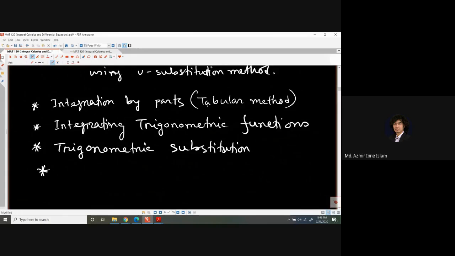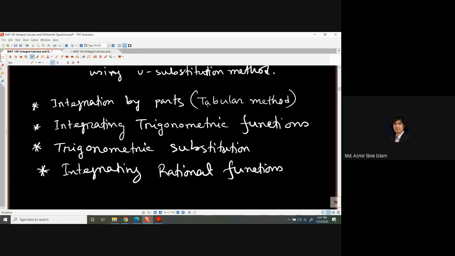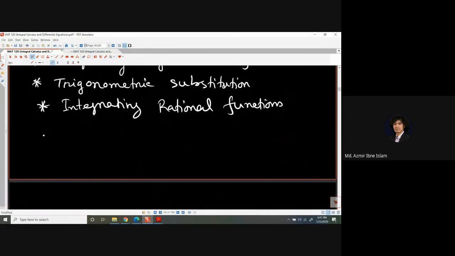So we have integration by parts, then integrating trigonometric functions, and the trigonometric substitution method. Then we will have another topic, integrating rational functions. Then we have to know how to integrate improper integrals.